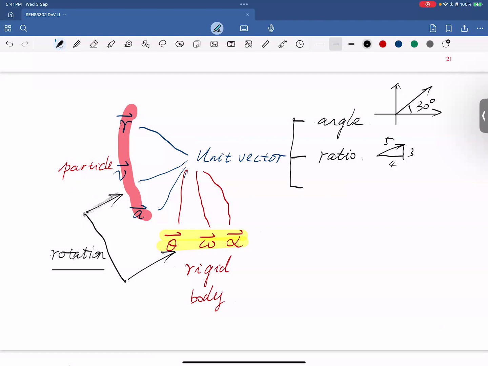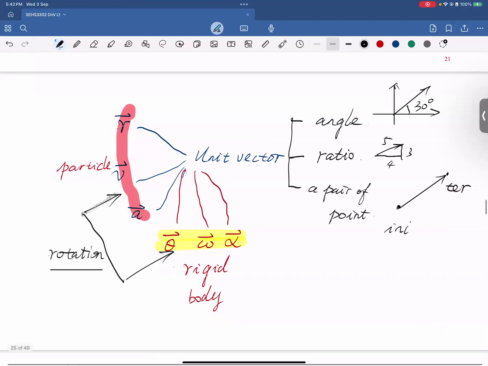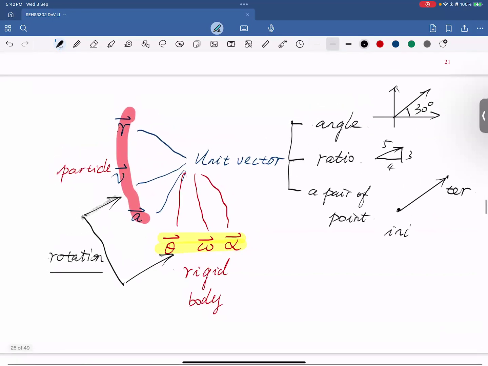Also, give you a pair of points, 2 points. I mean, the initial point and the terminal point, right? Given the initial point and the terminal point, you can find the vector by the subtraction of these points' coordinates. And then you can find the unit vector along this direction, right?